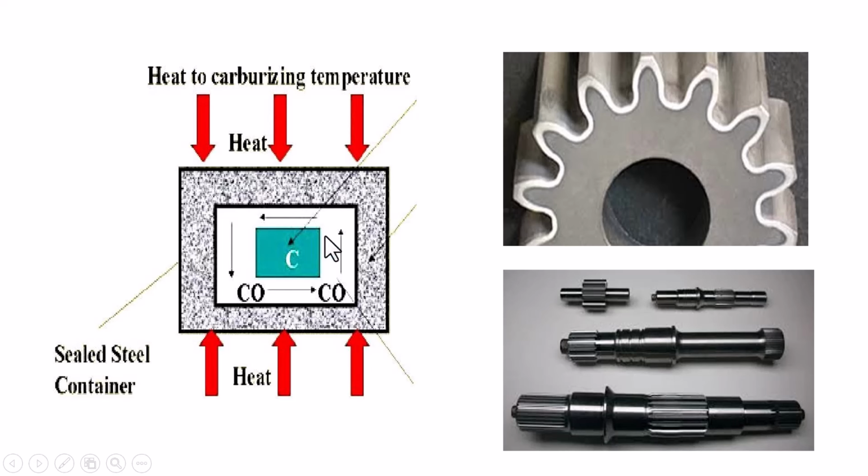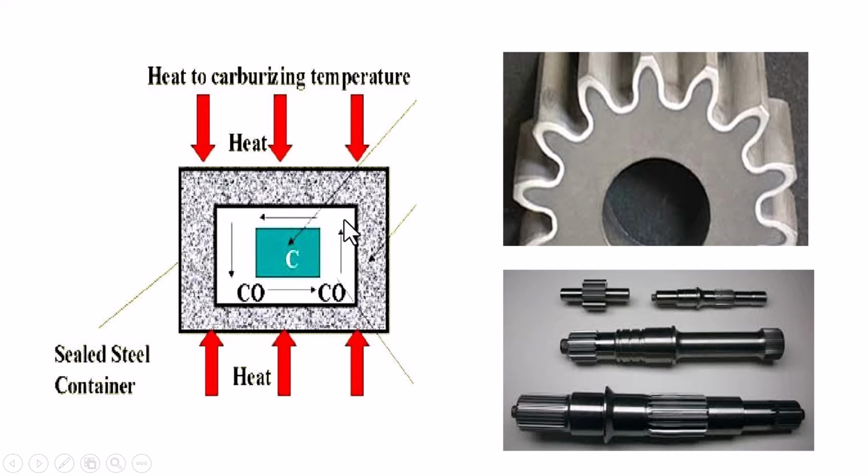at this high temperature. If you increase the period of time, the depth of hardening also increases to some particular limit. So it depends upon the temperature and the time of the process, that is, the rate of diffusion. The carbon will enter the surface of this material, which takes place at the atomic level.